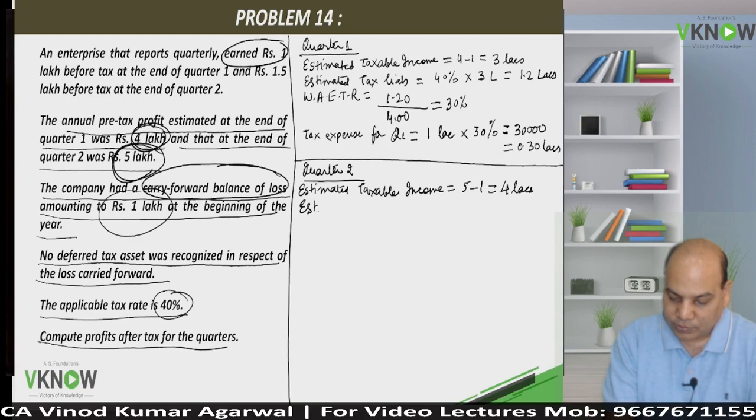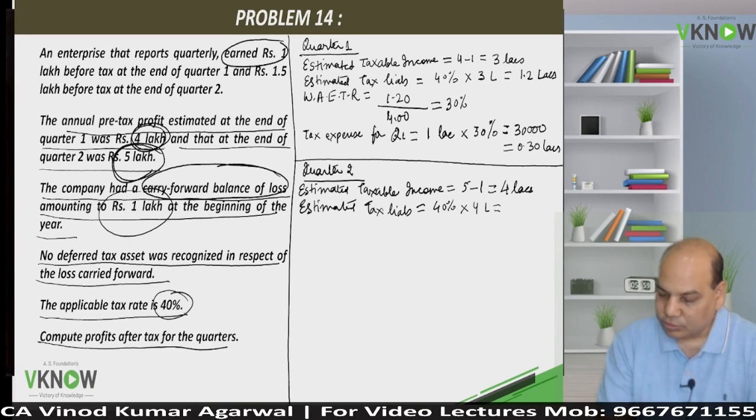And therefore my estimated tax liability will be 40% into 4 lakhs, which is 1.6 lakh.